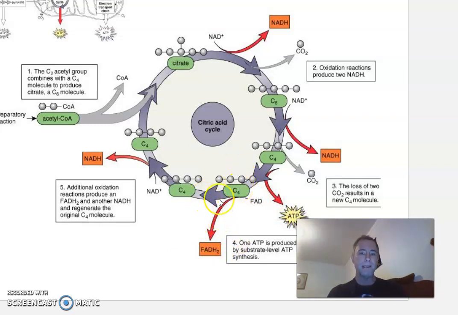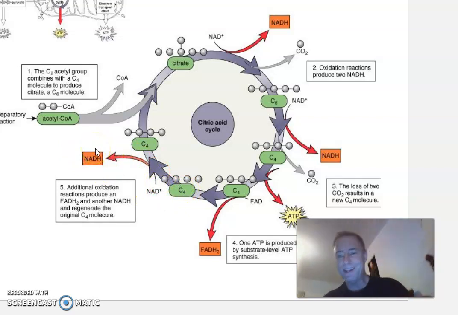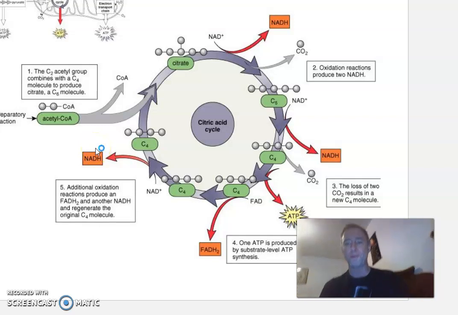All right, and then finally, as we're converting back to oxaloacetate so we can do the process again, we pull, again, some more hydrogens out of it to convert NAD plus to NADH. Now, I know this is probably a little overwhelming if this is the first time you're seeing this, but again, the big picture is I'm taking products that are the breakdown product of glucose.